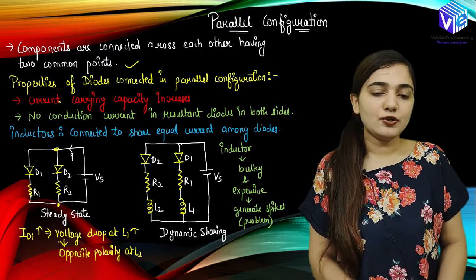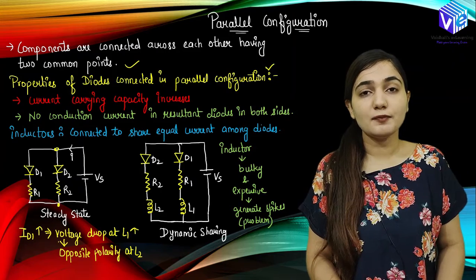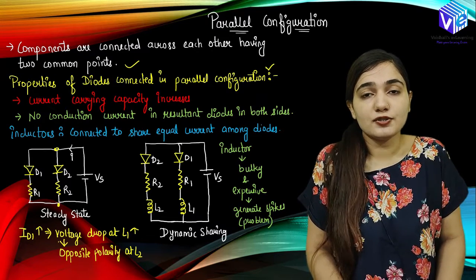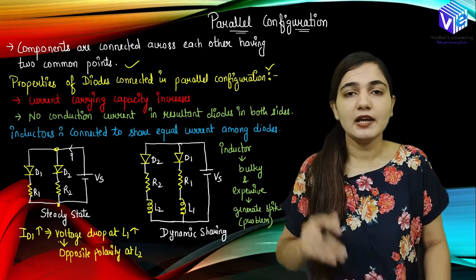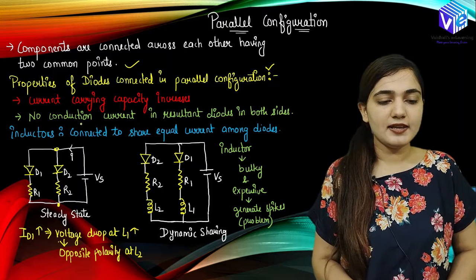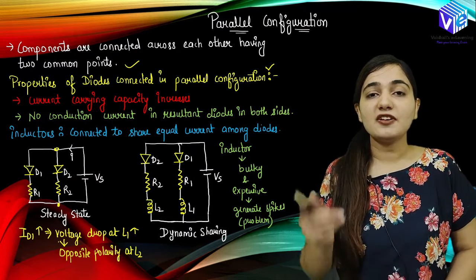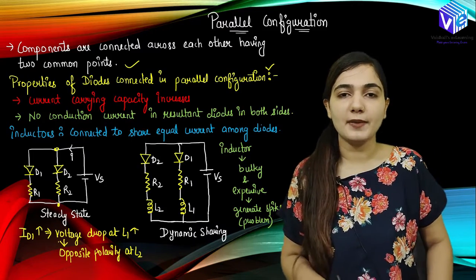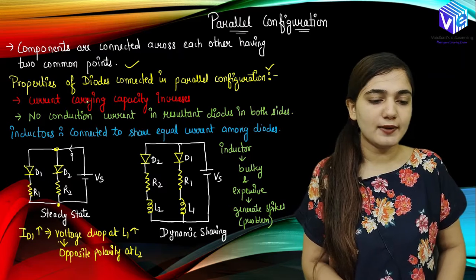Now coming to the properties of diodes connected in parallel. What are the properties of the different electrical components which are connected in parallel? When the components are connected in parallel, they have the same voltage drop across them, but different current passing through them, and the same holds true for parallel connected diodes as well.